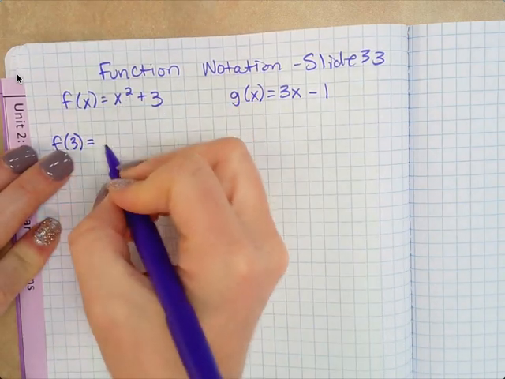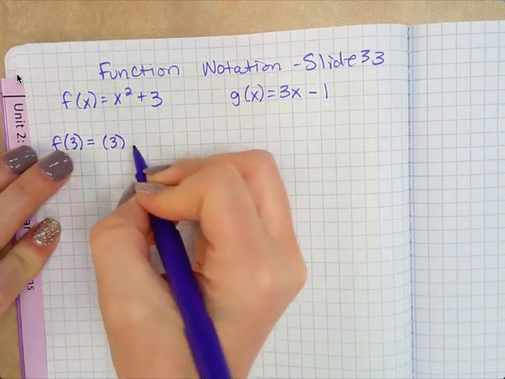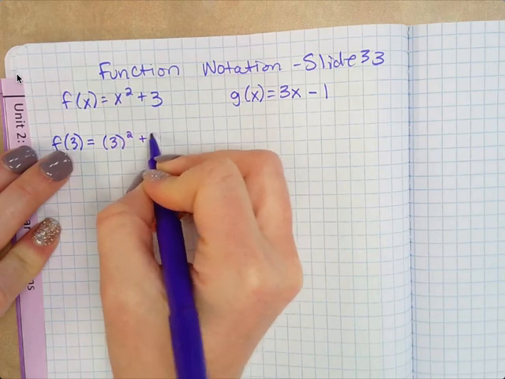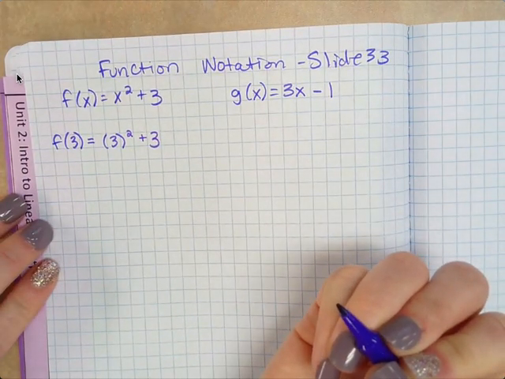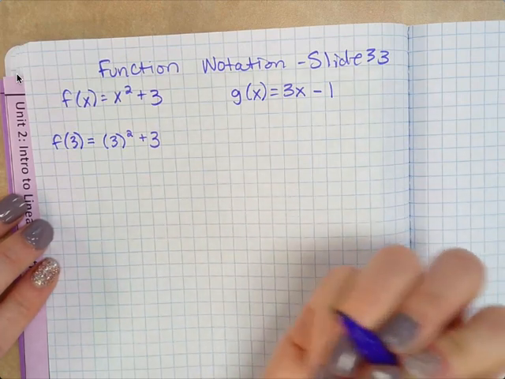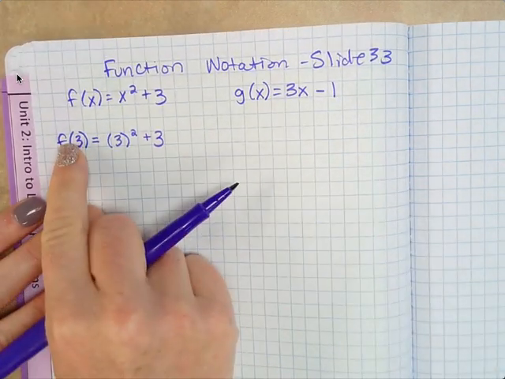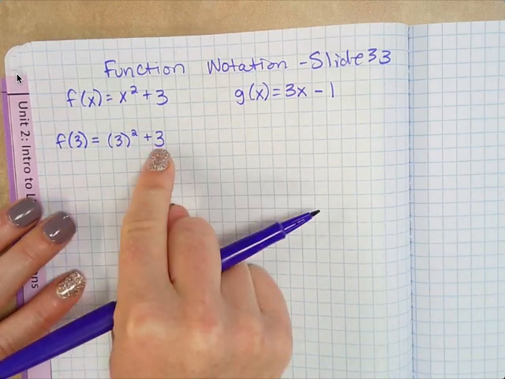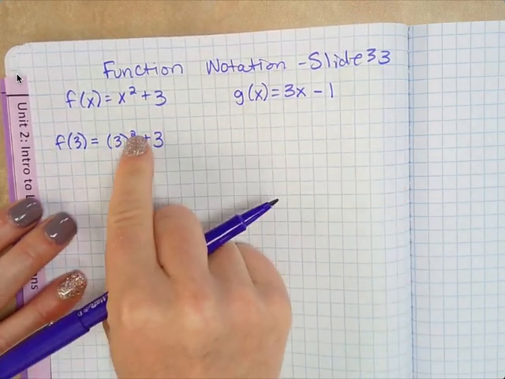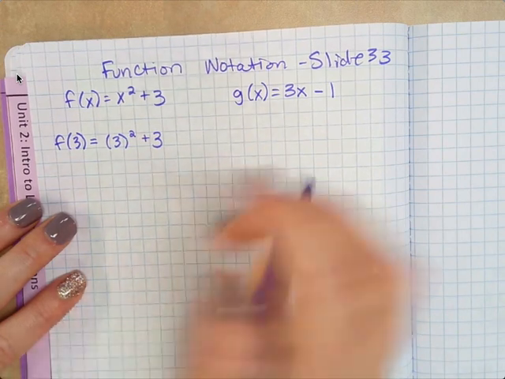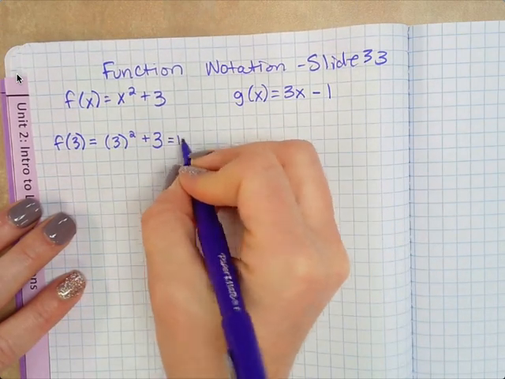So this is x squared, so I'm going to put 3 in parentheses squared plus 3. If you want to put that in the calculator, that's fine. I just want to make sure that you put this down on your paper. So we can actually do that in our head. What is 3 squared? Plus 3 more? 12.